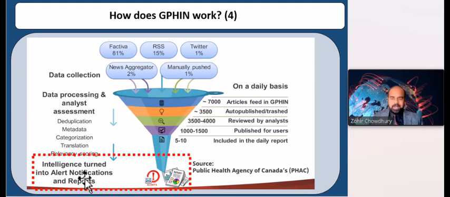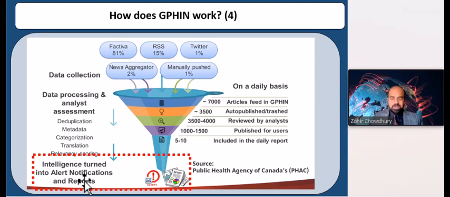So in Canada, this is used for daily situational awareness reporting for Canadian public health stakeholders, emergency response reports, and ad hoc reports to stakeholders as requested, such as vaping-specific media reports or other types of situation reports.